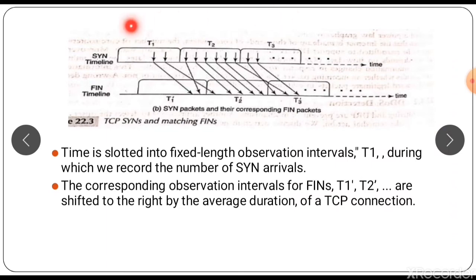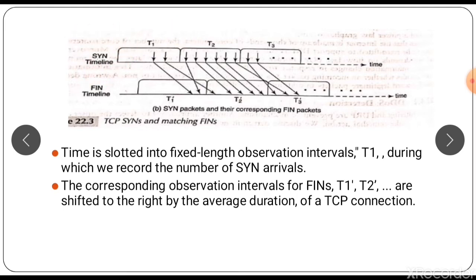Just look at this figure. It shows two horizontal timelines. This particular timeline shows the time of SYN packet arrival, and this particular timeline shows the corresponding FIN arrival. Here the time is divided into fixed length observation time intervals, that is T1, T2, T3, etc., during which we record the number of SYN packets that arrive.